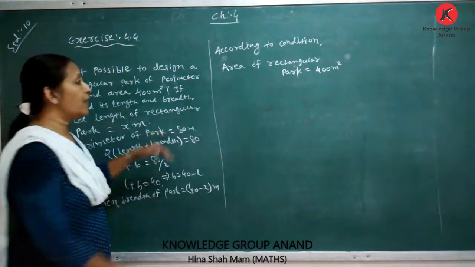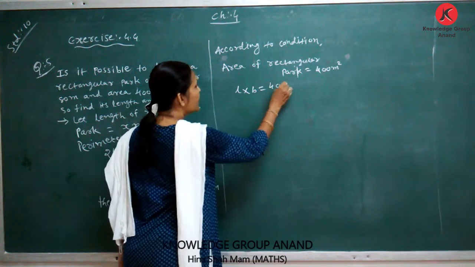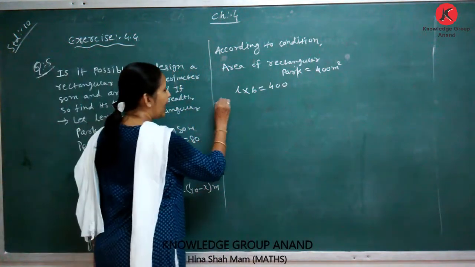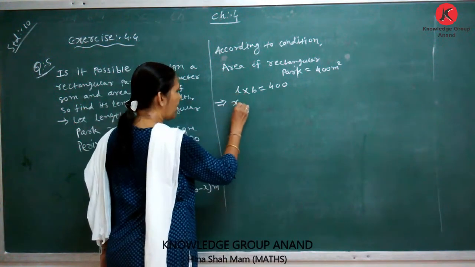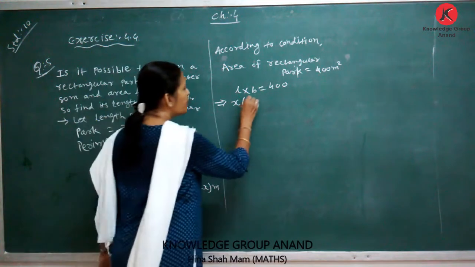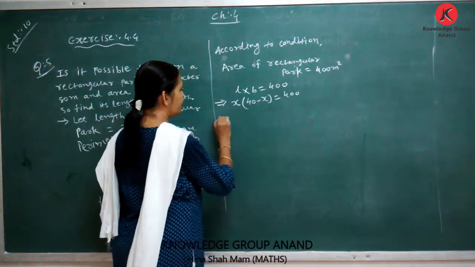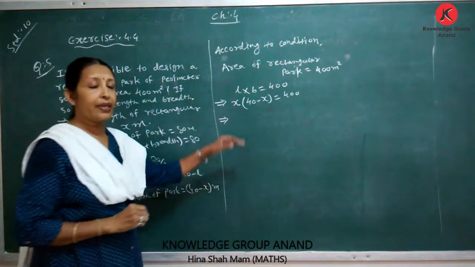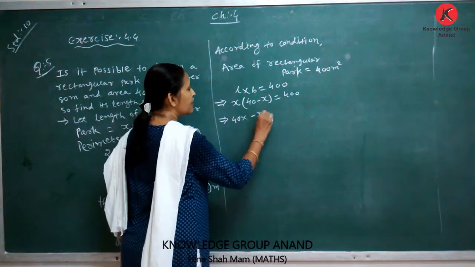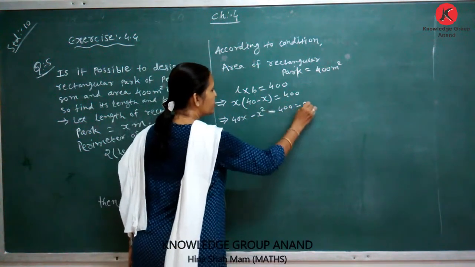Now using formula L into B is equal to 400. What is L? L is equal to x, into B is equal to 40 minus x, is equal to 400. Multiplication, simplify this equation. 40x minus x square minus 400 is equal to 0.